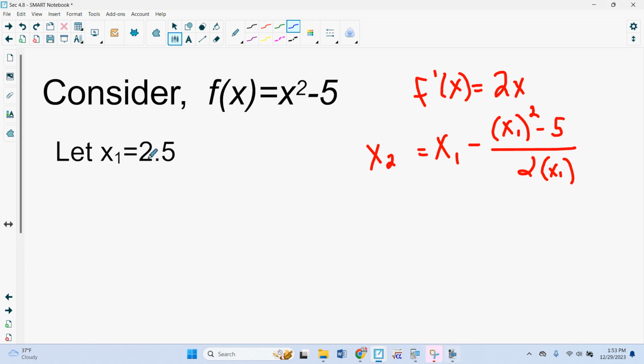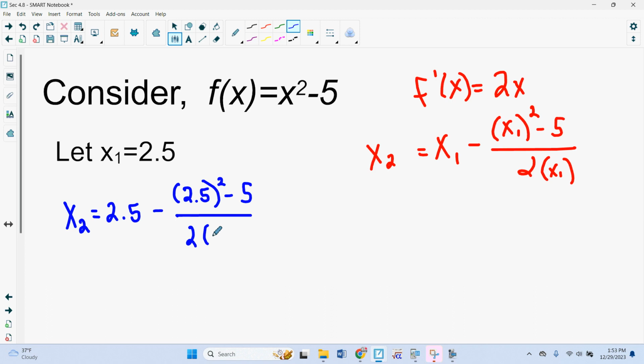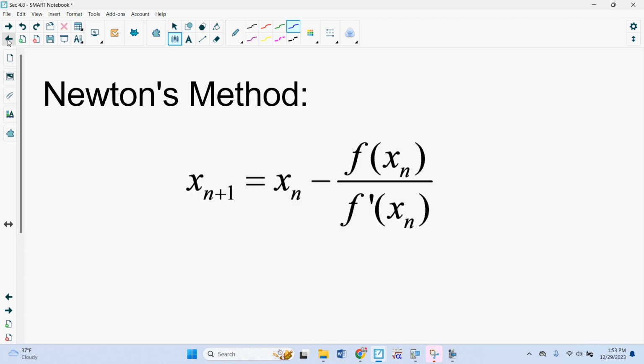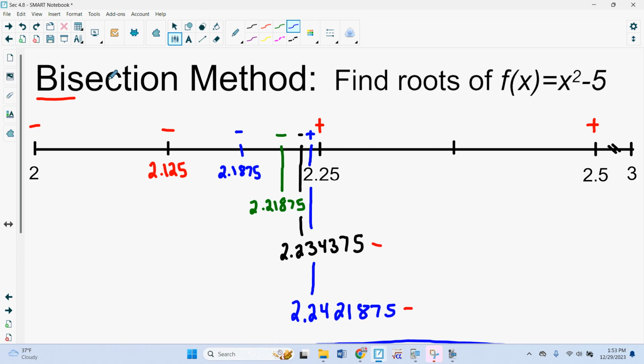So now, let's say our x1 is 2.5. So my x2 would be 2.5 minus 2.5 squared minus 5 all over 2 times 2.5, which if I did that will give me 2.25.